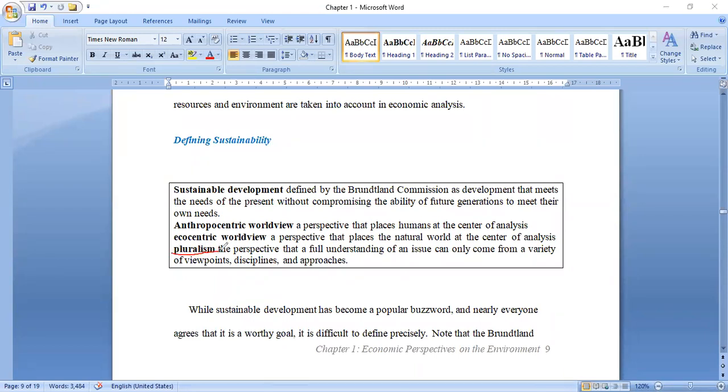Pluralism is that perspective that believes that an issue arises out of a variety of disciplines, viewpoints, and approaches. For example, pluralism may be that you believe that an environmental problem is arising from a number of different causes. Are we together? We are going to understand all these concepts as we continue later on.